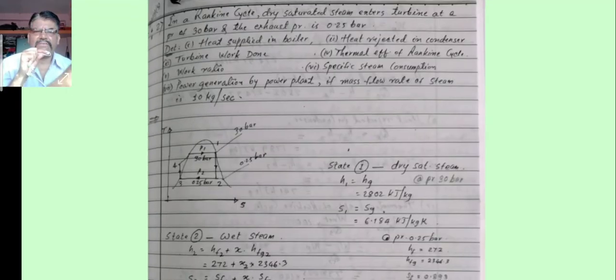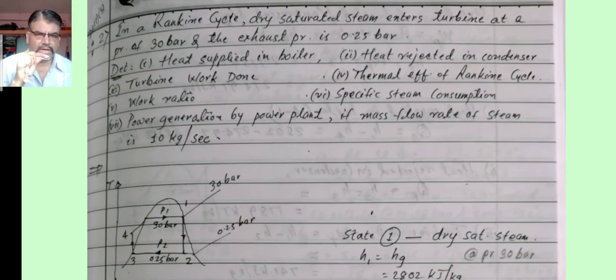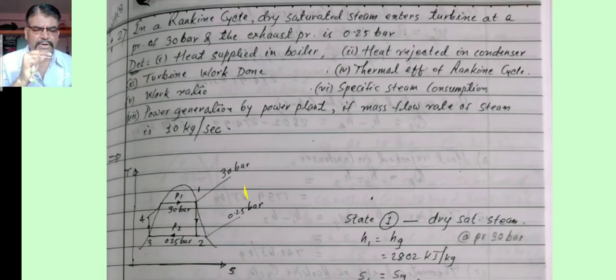I have taken some numericals on the Rankine cycle. The dry saturated steam enters the turbine at a pressure of 30 bar and the exhaust pressure is 0.25 bar.